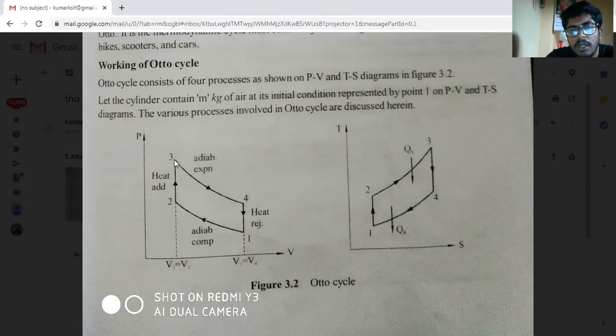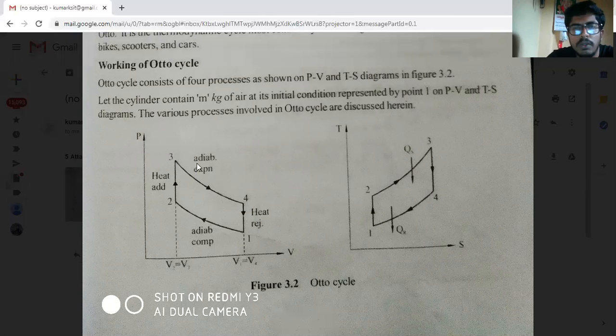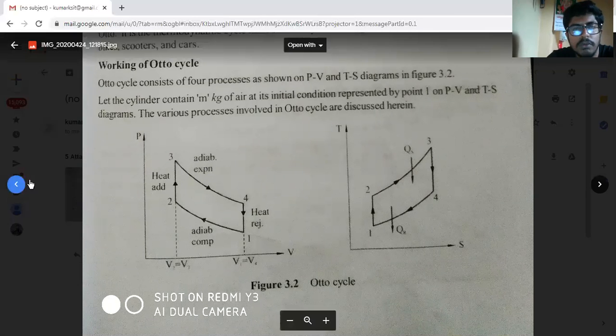During the adiabatic expansion process, the mathematical expression is T3 by T4 is equal to V4 by V3 whole power gamma minus 1. That is the expression during the process 3 to 4. Here during the adiabatic process Q is equal to 0.